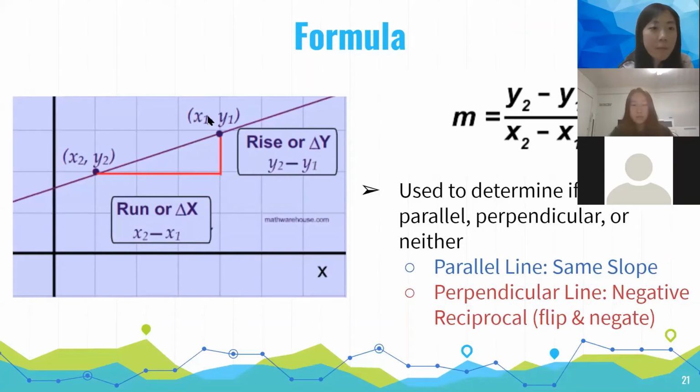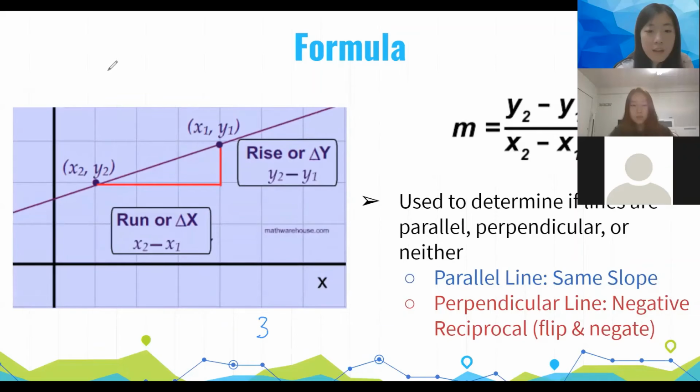So for example, the negative reciprocal of 3 is negative 1/3. So you flip it and negate it. Basically, if it's just an integer, it's not a fraction, you can think of it as the number over 1, because the number over 1 is still equal to that number.